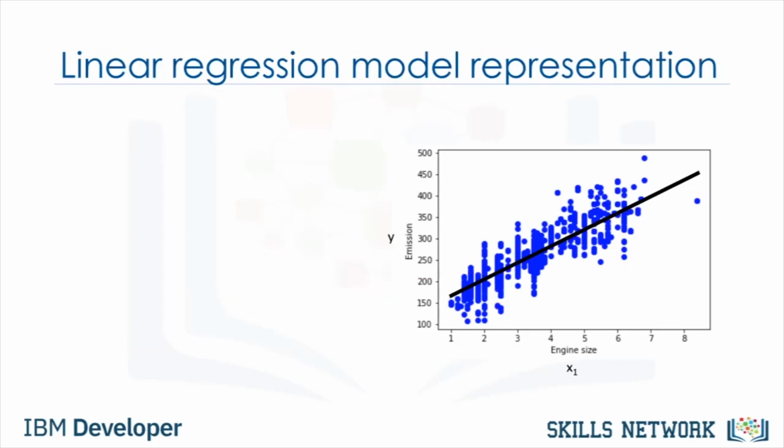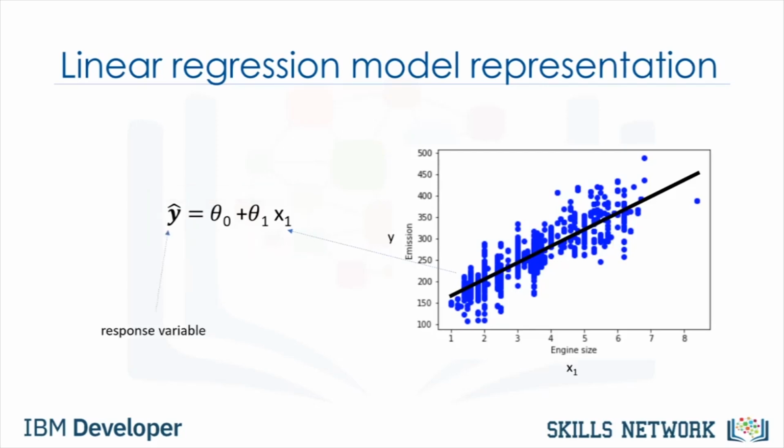Now, let's talk about what the fitting line actually is. We're going to predict the target value y, in our case using the independent variable engine size, represented by x1. The fit line is shown traditionally as a polynomial. In a simple regression problem, a single x, the form of the model would be theta 0 plus theta 1 x1.